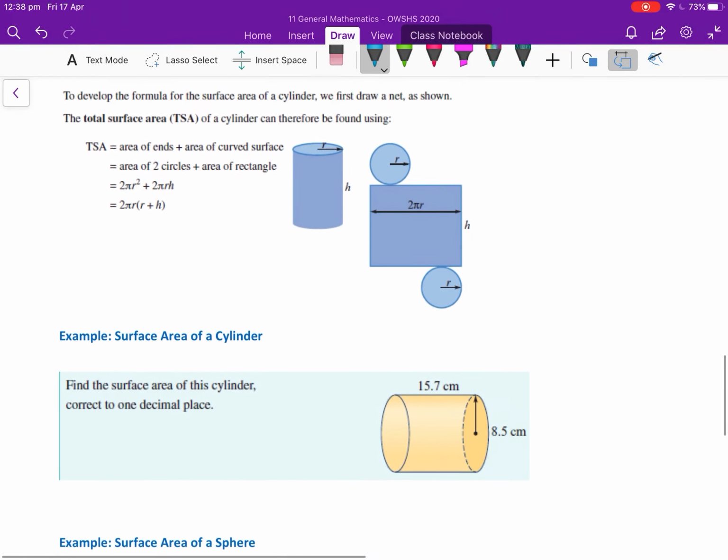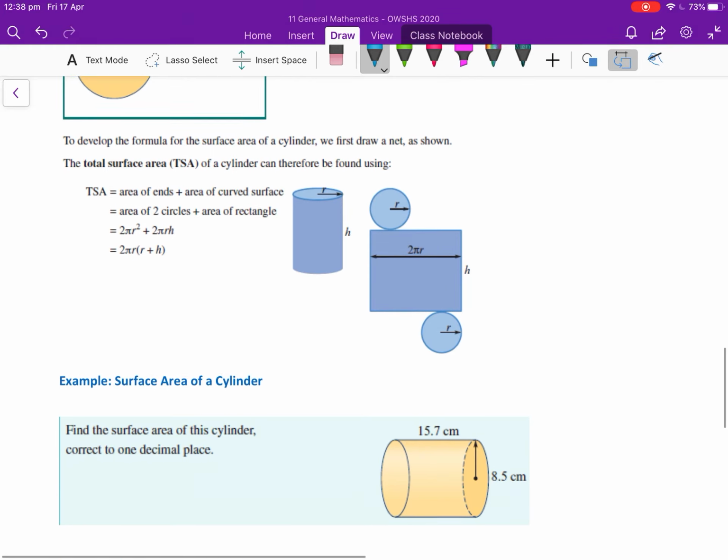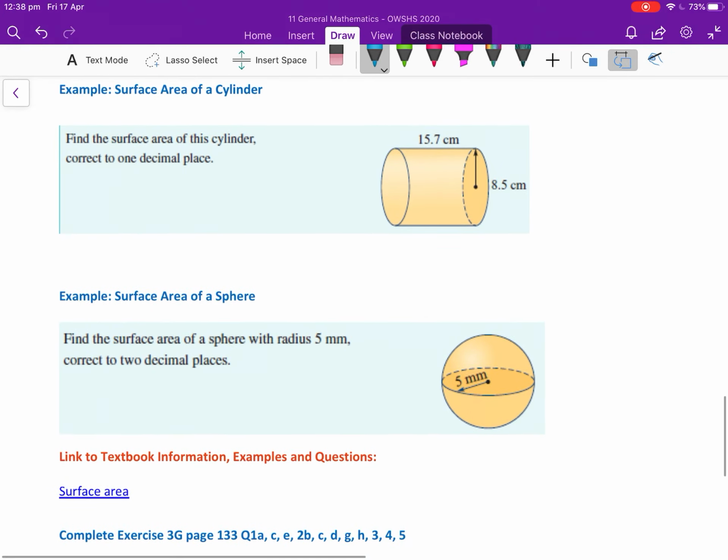Okay, so let's go and have a look. So they've just broken the cylinder down the same as I've shown you. So for our first example, we have a cylinder, okay? And so again, if we draw our net, we know we've got our rectangle, and we know we've got our circle and our other circle.